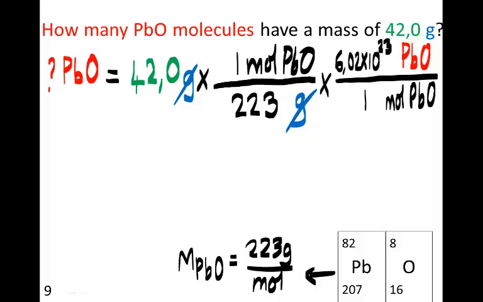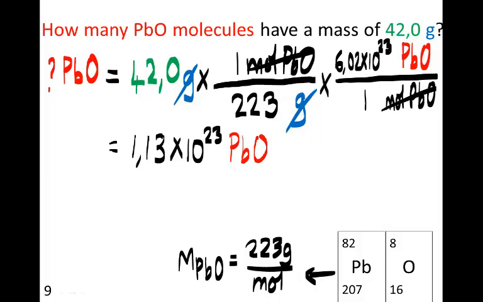In this case, particles of lead oxide. So moles of lead oxide cancel, and I'm left with my required unit, lead oxide. 42 divided by 223 times 6.02 exp 23 is equal to 1,133, rounds off to 1,13, times 10 to the power 23 lead oxide molecules.